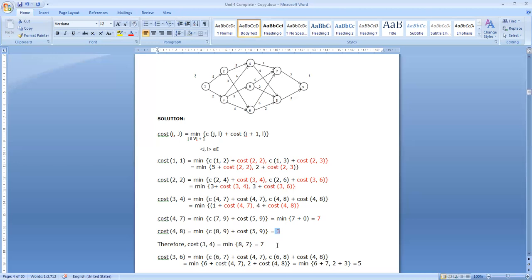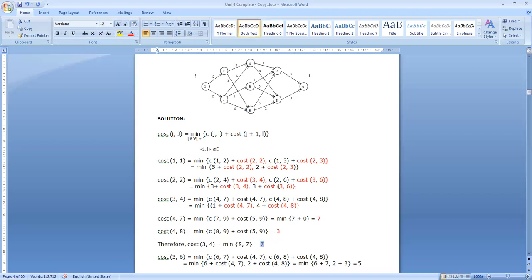So the minimum of 8 comma 7 is equal to 7. So I have found out this cost of 3 comma 4 as 7.